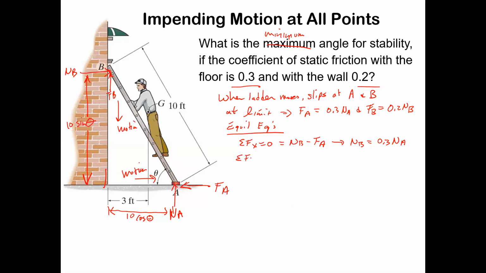The sum of the Fy's is 0, which is NA going up, minus, well, I'm sorry, plus FB because FB is going up, minus the weight of the person. We don't even know the weight, but we're just going to put a W here.